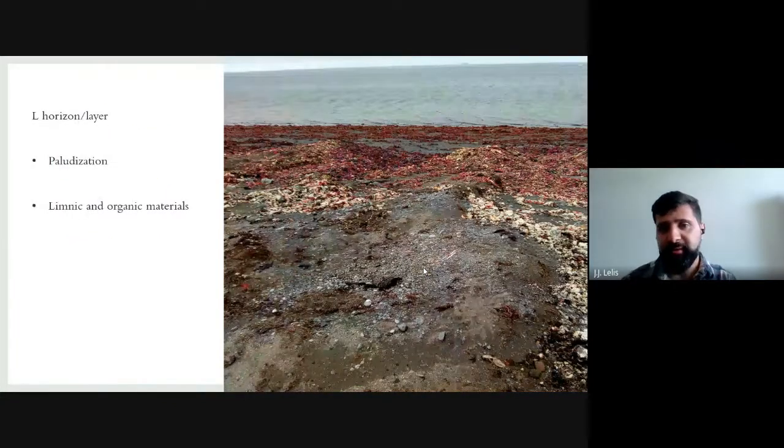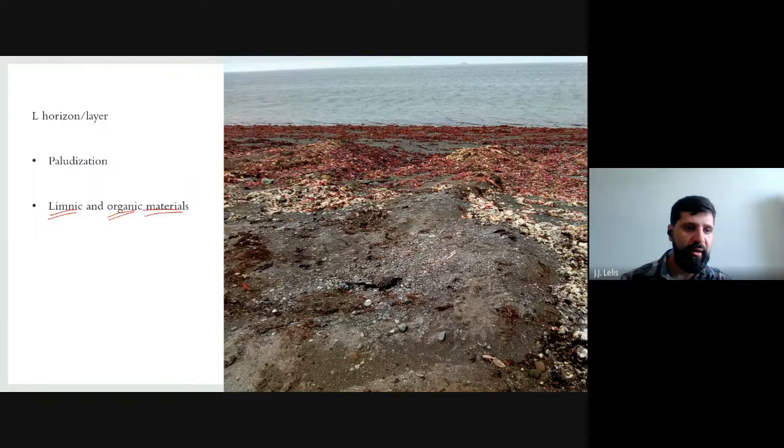Another horizon or layer is the L horizon. The L horizon is made of laminar and organic materials that were formed and deposited at a specific depth. So we can identify some diatoms and some mineral material, some carbonates, and some salts that accumulated in a specific layer.